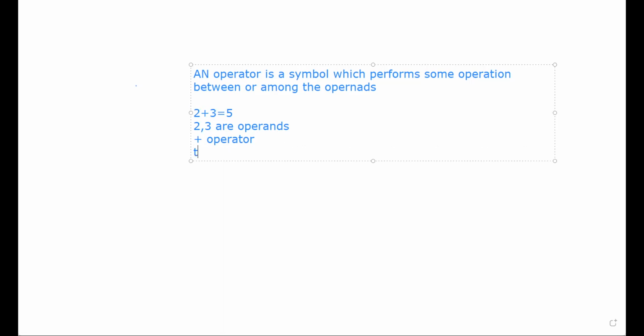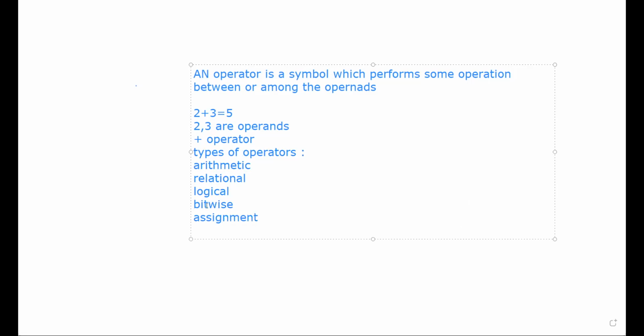So let's talk about types of operators in Python. We have arithmetic operators firstly, and then we have relational operators, and then we have logical, and then bitwise, and we have assignment, and also we have identity and membership operators.